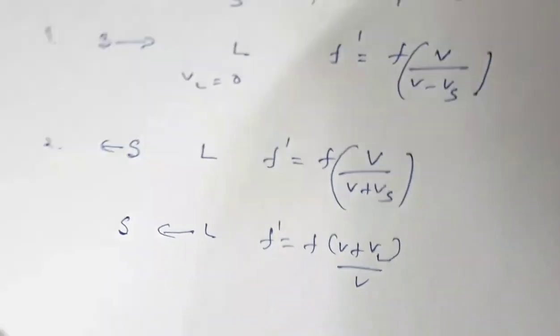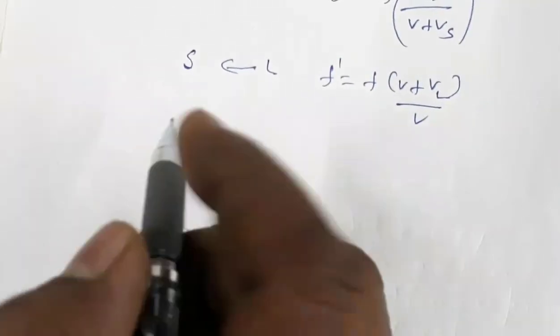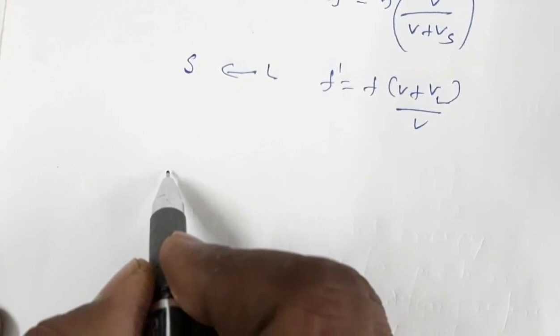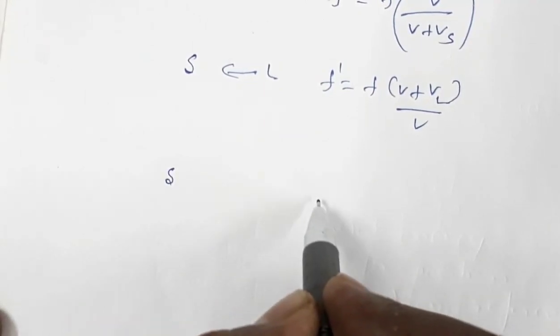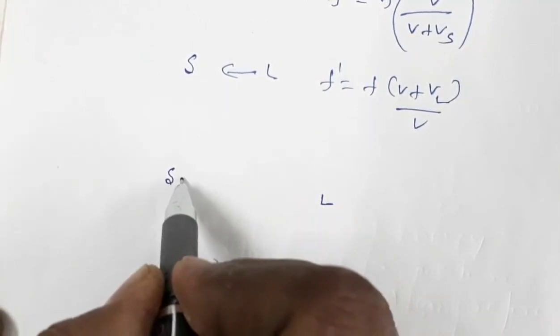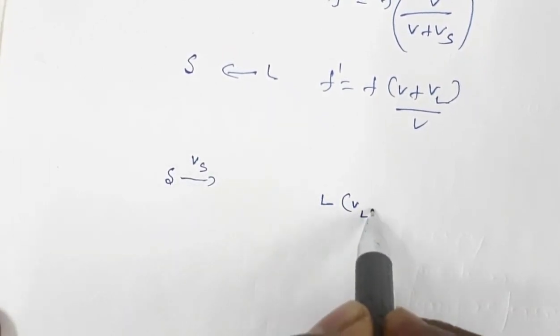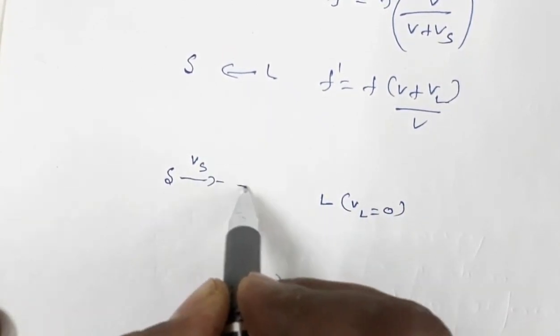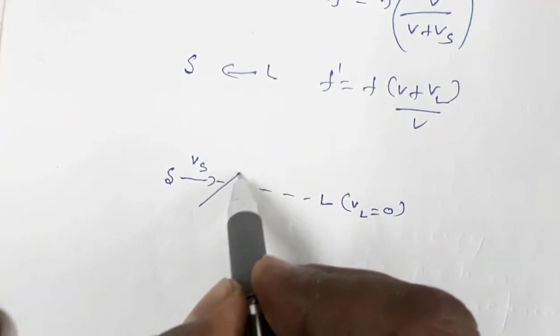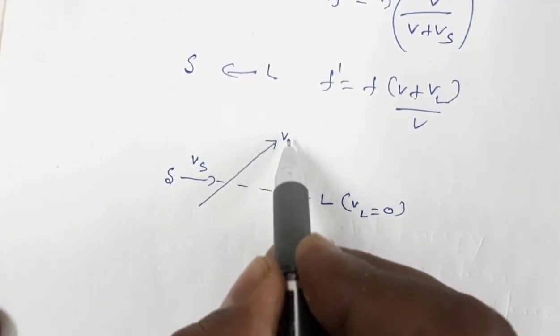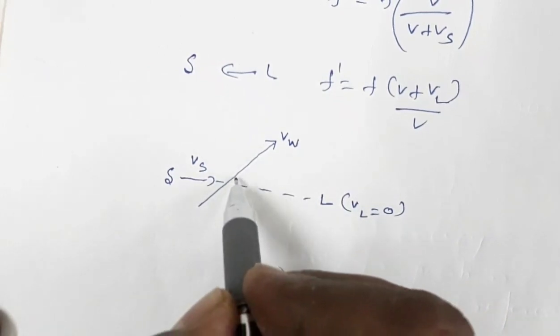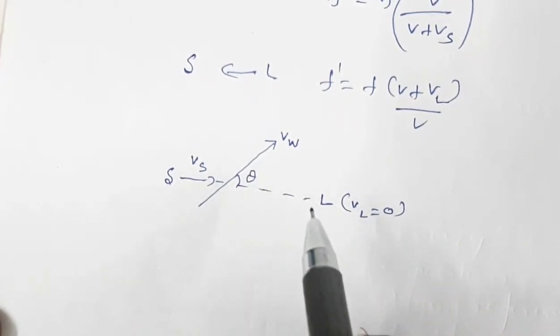Now suppose you have a case wherein the source is moving towards the listener with velocity vs, and the listener is at rest, so vl is equal to 0, and suppose wind is also blowing. This is the velocity of wind and this angle is theta.